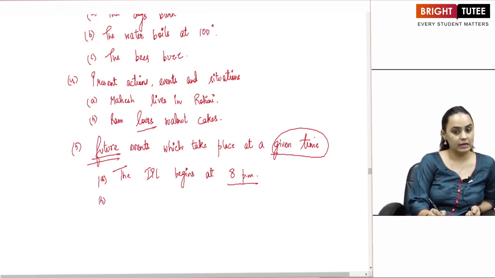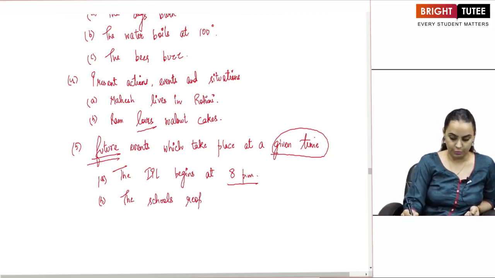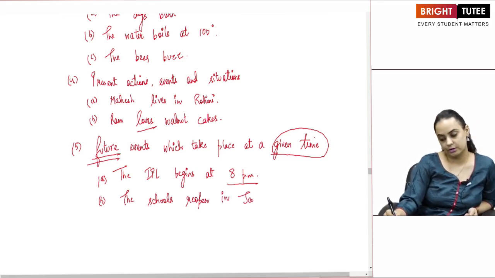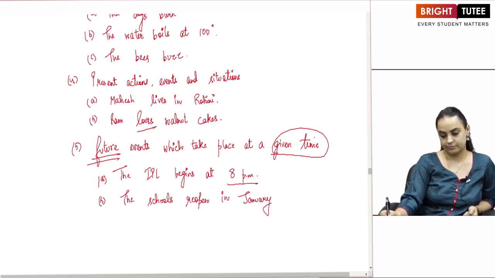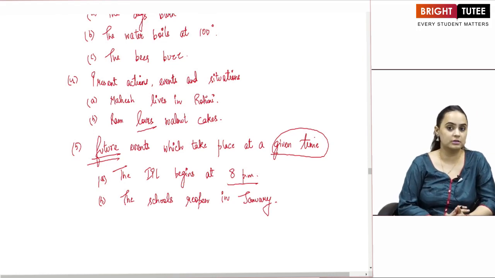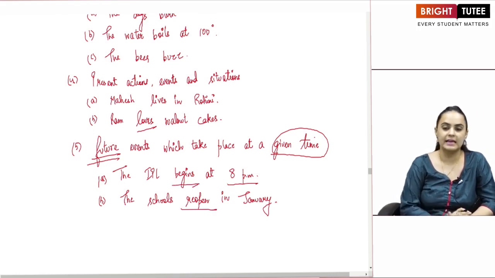If I give you another example, for example, the schools reopen in January. So, if I give you the example that after the winter break, the schools reopen in January.